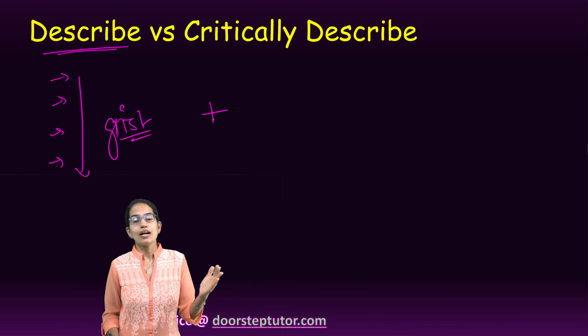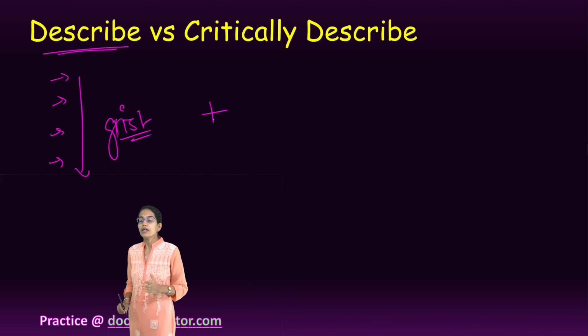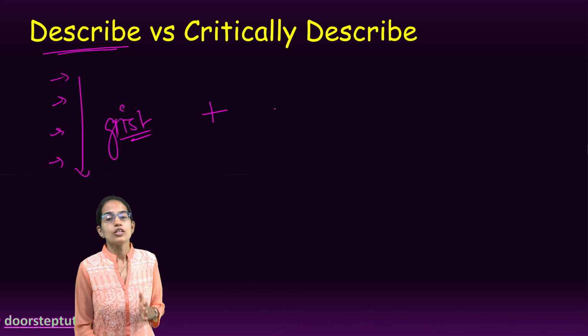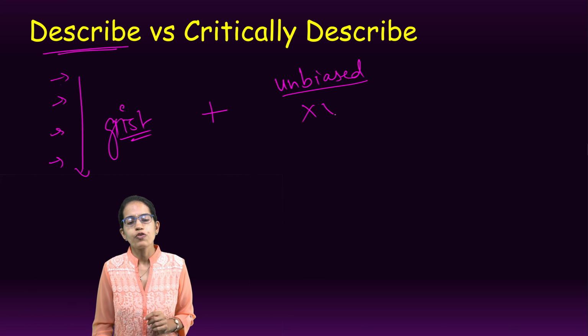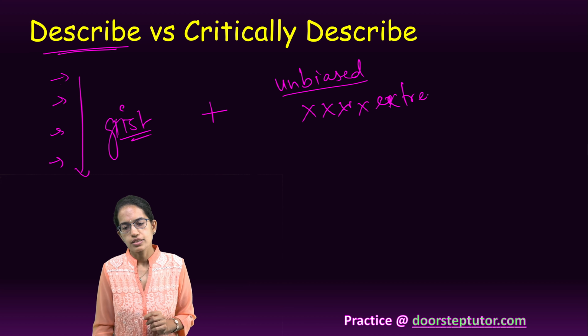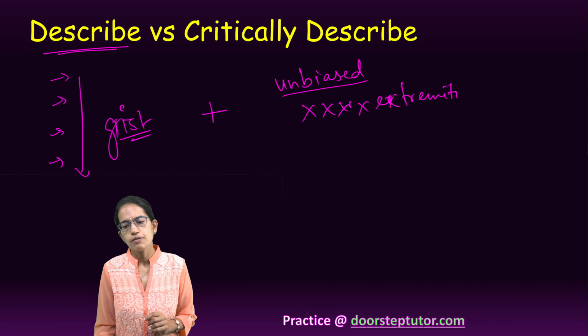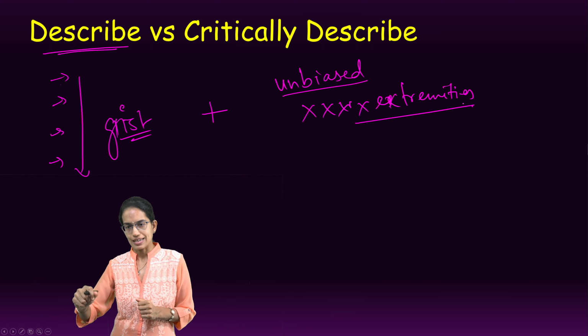Now when you are asked to critically describe, you have to bring in your judgment, and that judgment should again be an unbiased judgment, free of any extremities. There should not be any extremities in the judgment that you are explaining. So explain your opinion, and you should not be a staunch follower of that side, right?